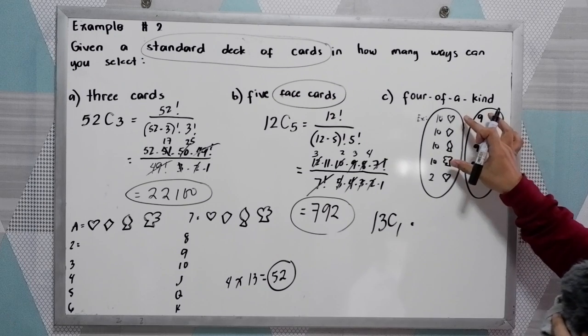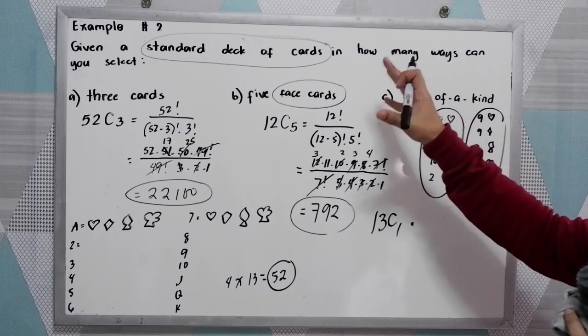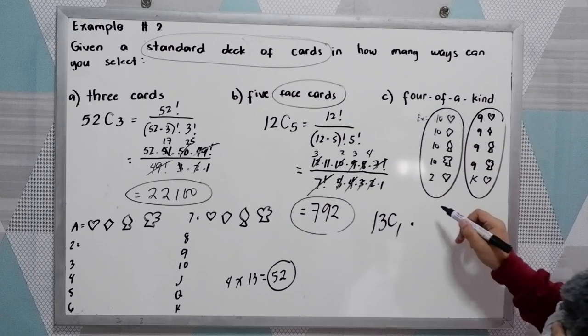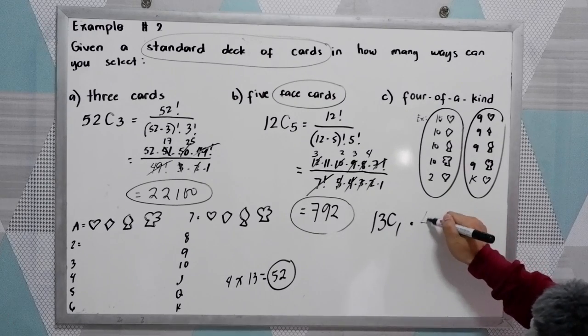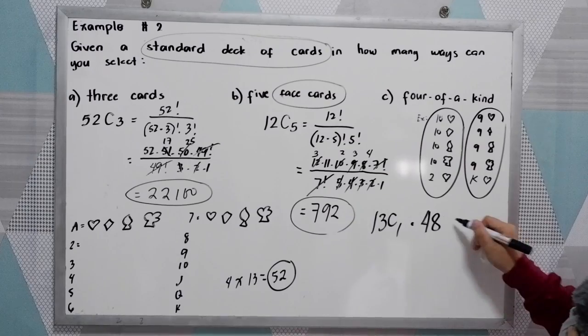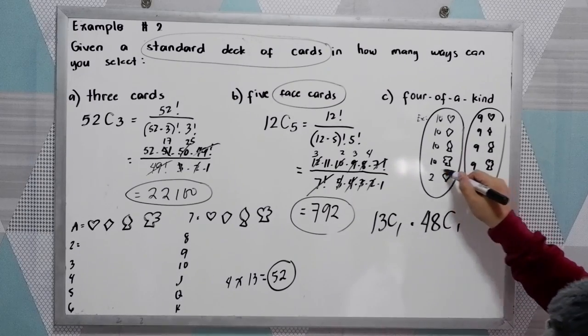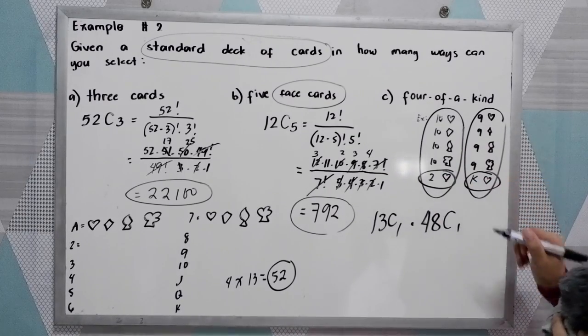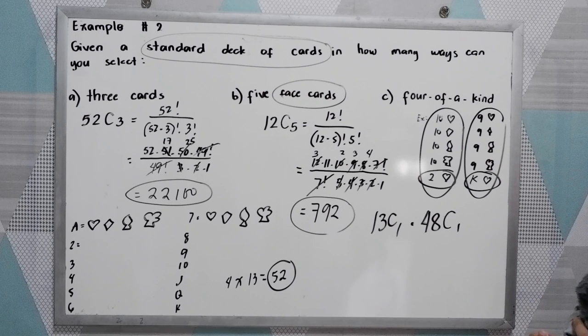So the remaining is 52 minus 4, the remaining is 48. Then out of 48, we need to choose one, to complete our 4 of a kind.